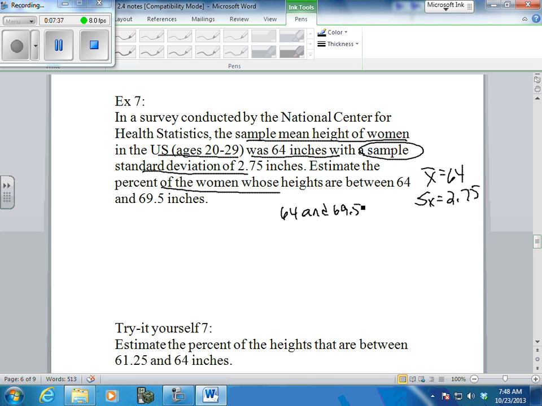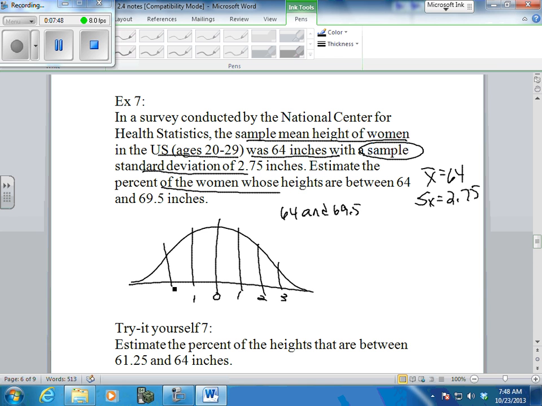So the first thing we do is put this on our curve. Separate them into 3s. Right now you only know this much of your curve. So you're going to separate them, and you're going to put your mean smack in the middle.